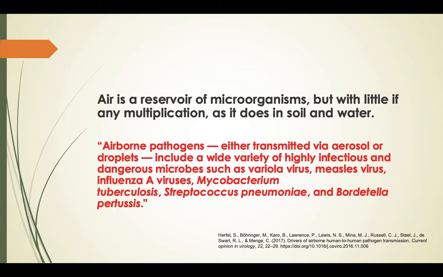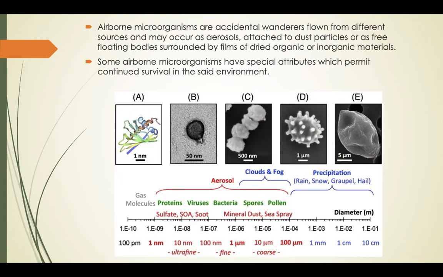Let's review a few things before we proceed with the discussion of the expected results for this module. Last time we talked about how airborne microbes are considered accidental wanderers from their original source to the air, which is a transmission matrix.